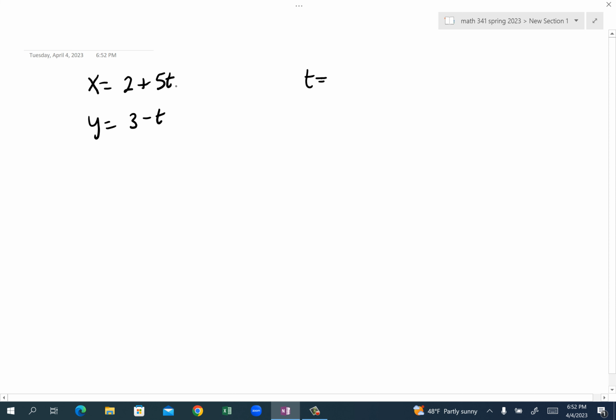Well, it looks like to me t is equal to (x minus 2) over 5, yes? And t is also equal to 3 minus y, looks like. Well, if that's what t's are equal to, then guess what? This guy here is equal to this guy here.